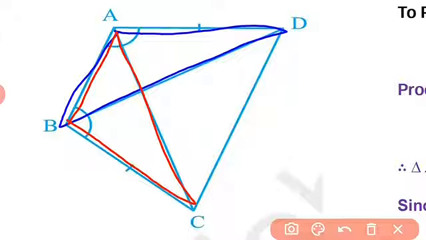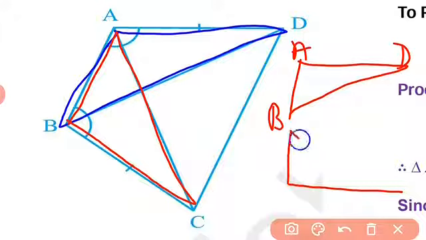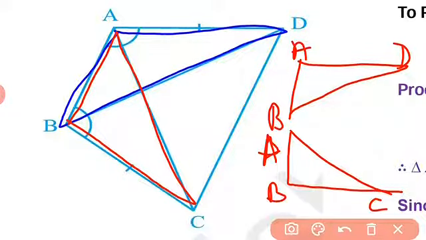Let's draw them separately. The first triangle is ABD, and the second triangle we see is like this, ABC.